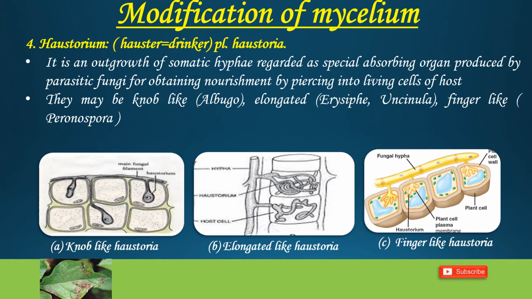Haustorium is an outgrowth of somatic hyphae regarded as a special absorbing organ produced by some parasitic fungi for obtaining nourishment, that is nutrients, by piercing into living cells of the host. This haustorium may be of various shapes, like knob-like, which we can find in Albugo, elongated, which we can observe in Erysiphe and Uncinula, and finger-like structures observed in Peronospora.